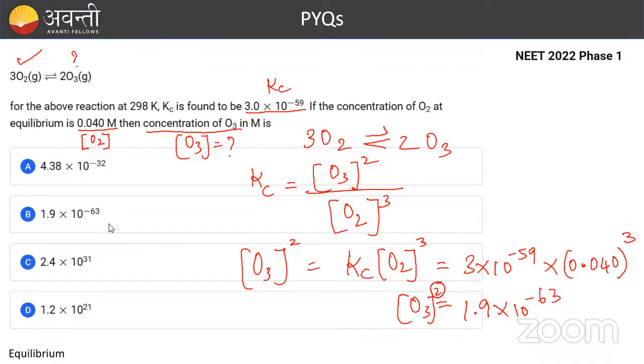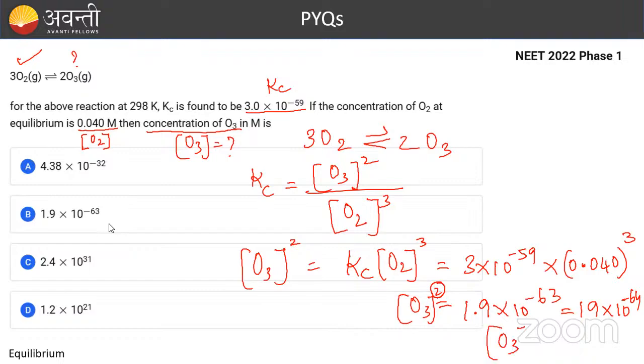Got it? So I can write this as 19 × 10^-64. I am making this power -63 as -64 for simplification, because if I take the square root, I can take the -64 out as -32, right? So that's why I have converted this.